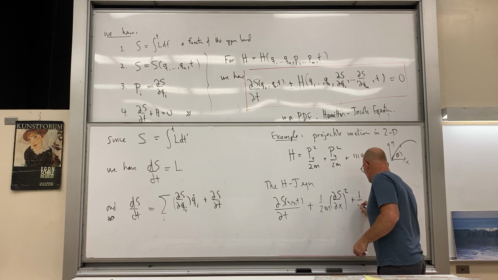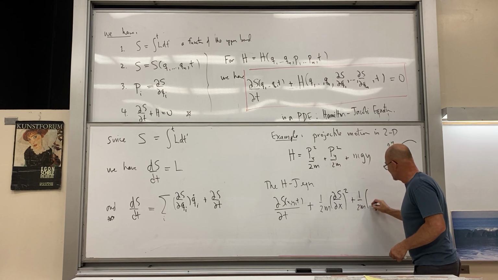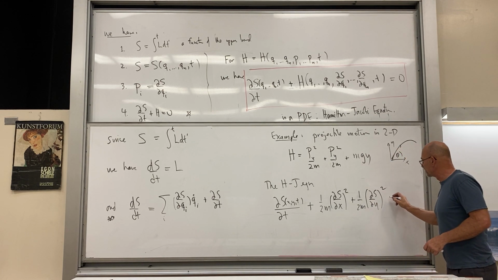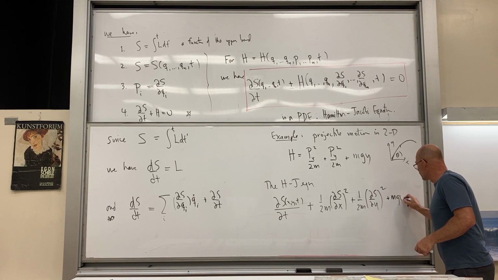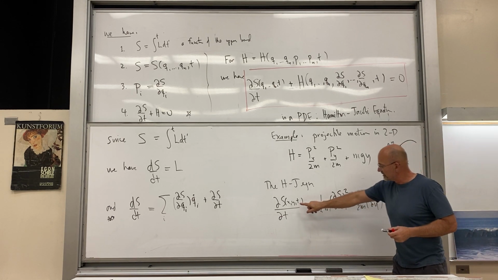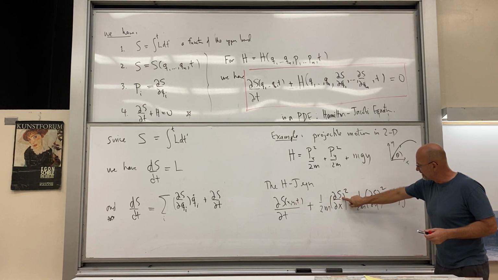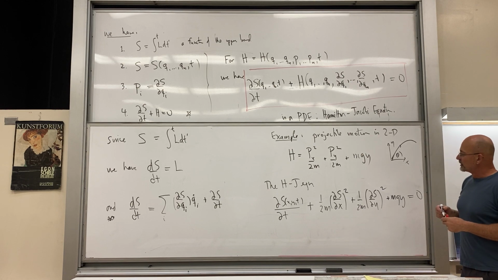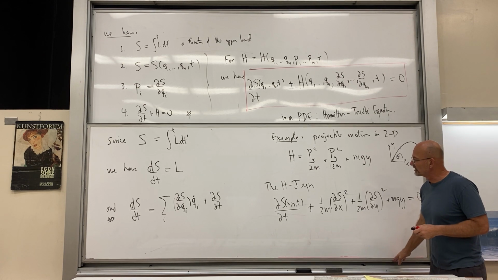And we'd have 1 over 2m dS dy squared. And we'd have plus mgy equals 0. And S is a function of x, y, and t, same here and same here. So good, we could write that down, and we just did.